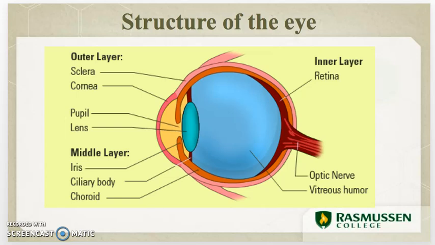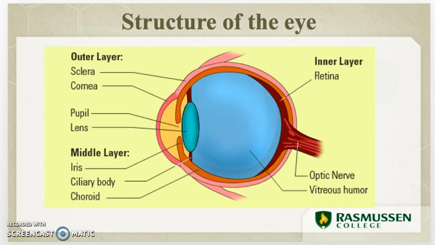The surface of your eye is made up of three layers. You have your outer layer, or the sclera, the middle layer, which also includes your iris, lens, and ciliary body, and your inner layer, which includes the retina.